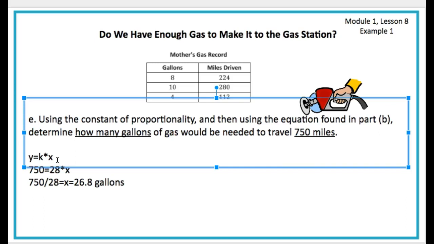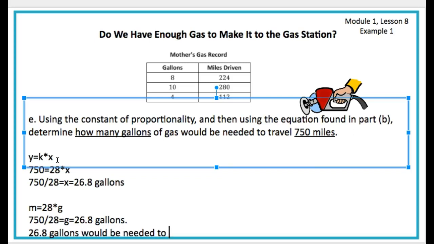If we were using our equation, miles equals 28 times gallons. Once again, 750 divided by 28 is equal to gallons, which is equal to 26.8 gallons. So we would need 26.8 gallons to drive 750 miles.